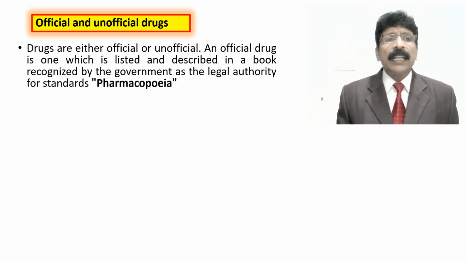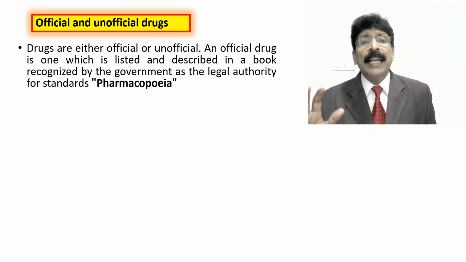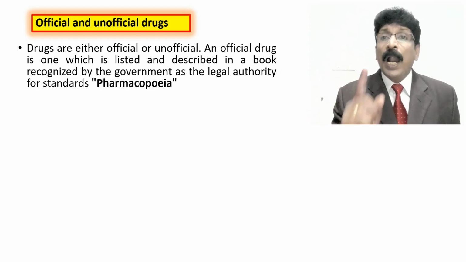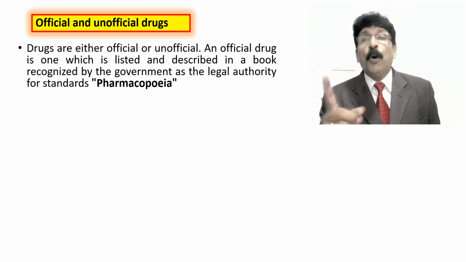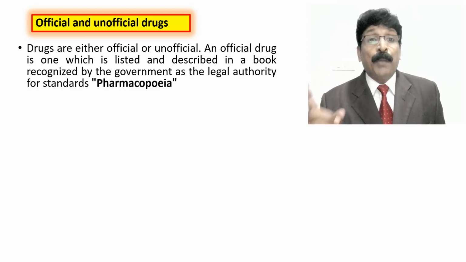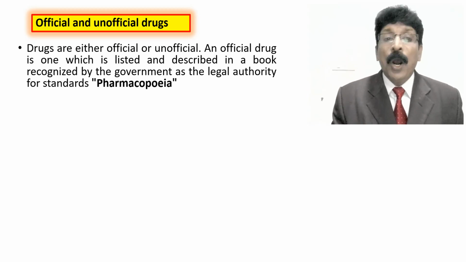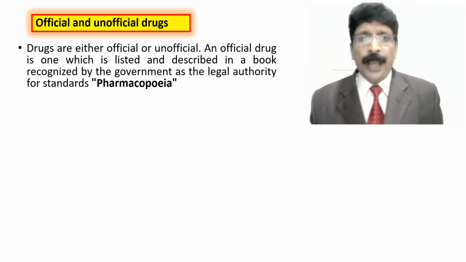So the official and unofficial drug, very simple. The drugs are either official or unofficial usually. An official drug is one which is listed and described in a standard book, an official book recognized by the government as the legal authority of standards, like Pharmacopoeia.